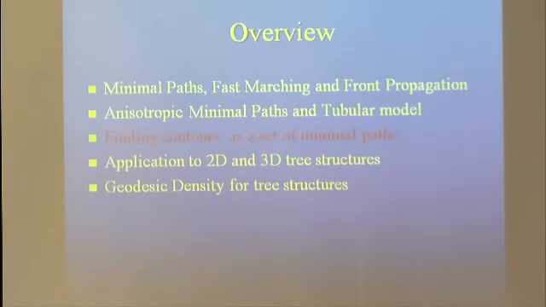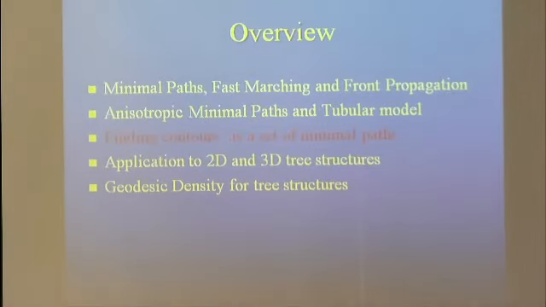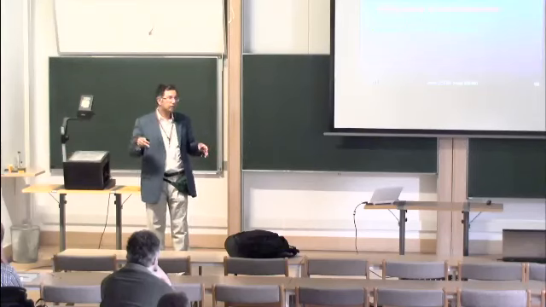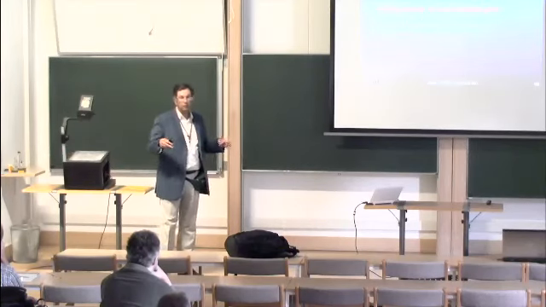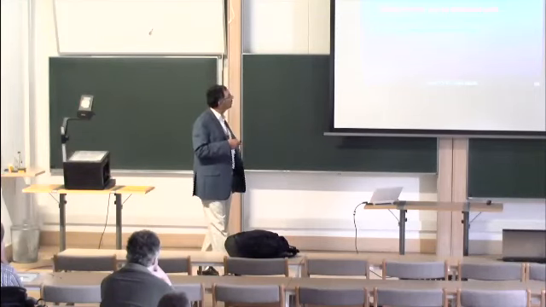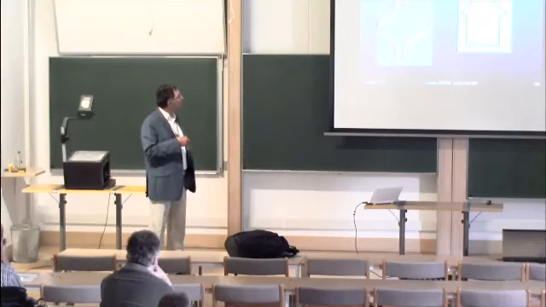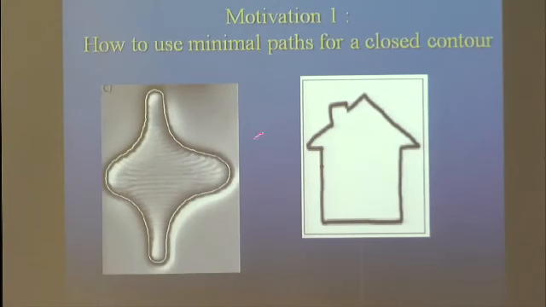Okay, so maybe I'll go fast on this part because the next part is more interesting, but just to say that so far we've used paths that link 2 points. You give a start point and end point and you get an open path. But in many applications in image processing, you're looking for a closed contour, like here or here.